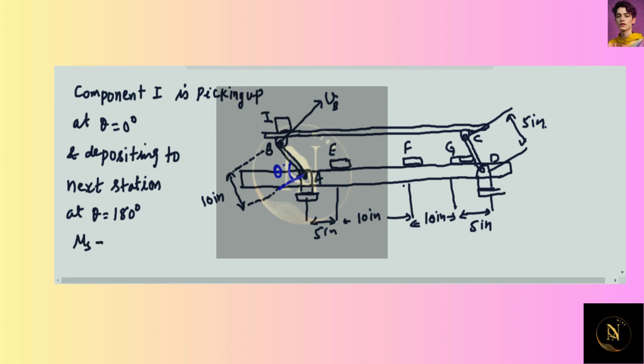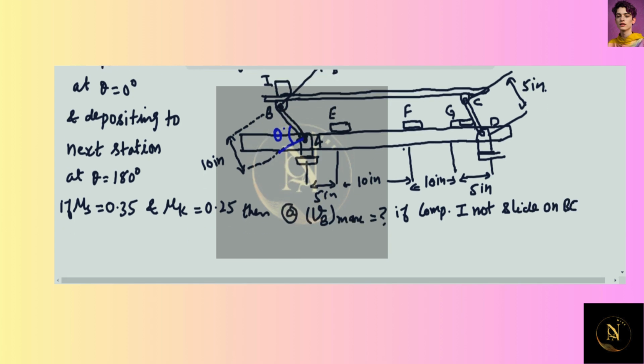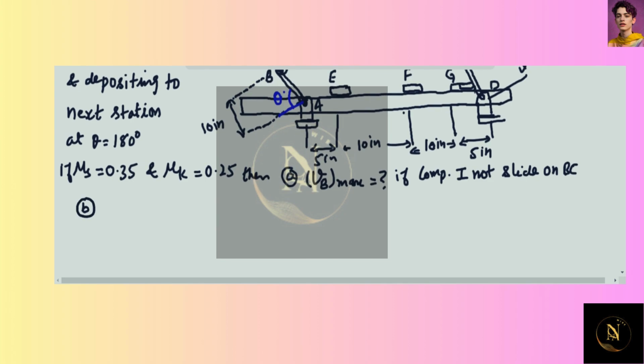If coefficient of friction between the component I and member BC are μs is 0.35, that is static friction, and kinetic friction is 0.25, then first part, calculate maximum speed of V, if component not slide on BC, and in second part we have to find the theta for which sliding is impending.